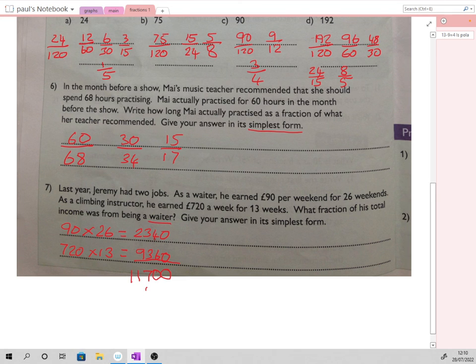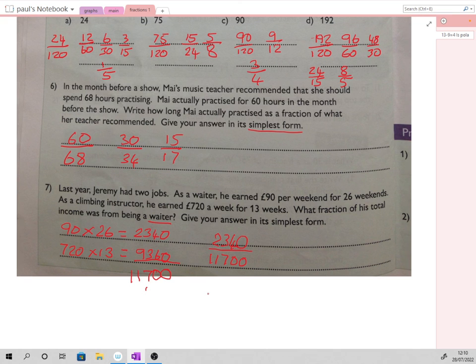So this is the waiter, the first one. So we've got 2340 over 11700. Now, because we've got a calculator, I could divide by 2, divide by 2, and so on and so forth until I got it right down.